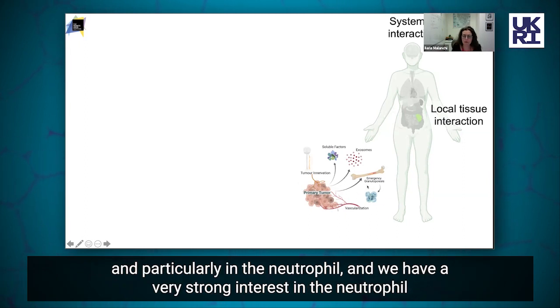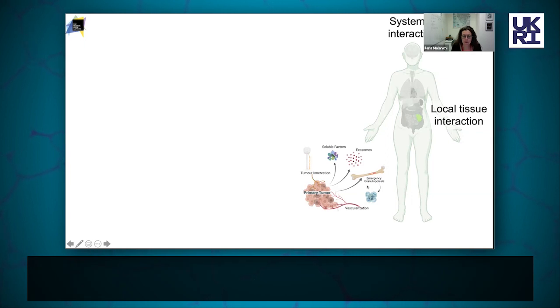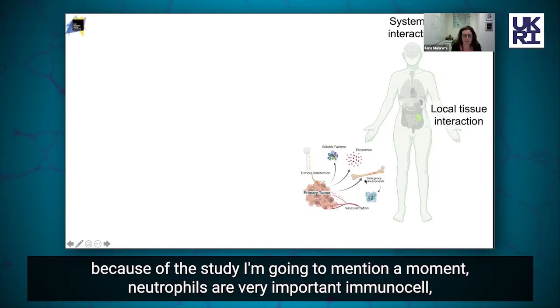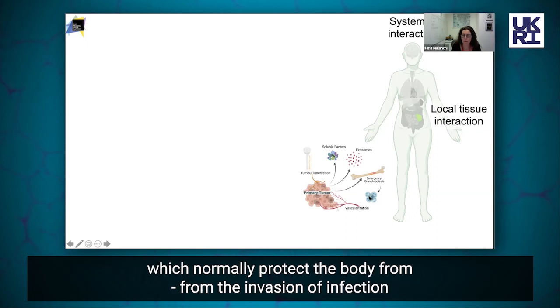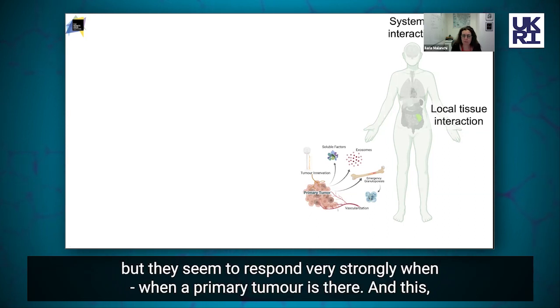And we have a very strong interest in neutrophils because of the study that I'm going to mention in a moment. Neutrophils are a very important immune cell which normally protects the body from the invasion of infection. But they seem to respond very strongly when a primary tumor is there.